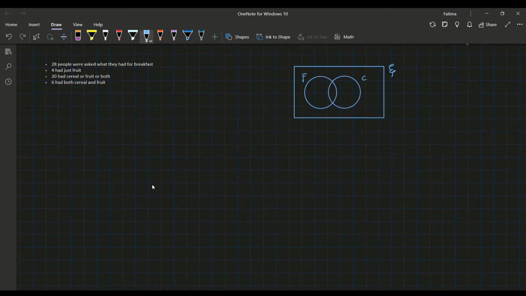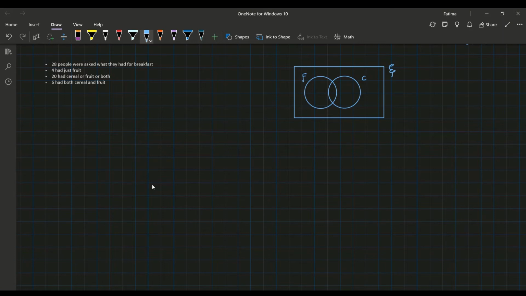Now I'd like to cover an example question, and in this question we're told that 28 people were asked what they had for breakfast. 4 had just fruit, 20 had cereal or fruit or both, and 6 had both cereal and fruit. So we have our Venn diagram on the right hand side and we have to fill the data accordingly. Again, the cursive E represents the universal set, F would represent fruit, and C would represent cereal.